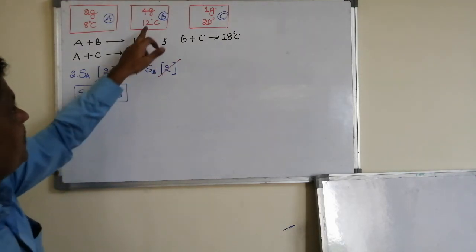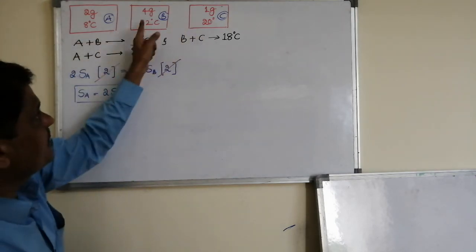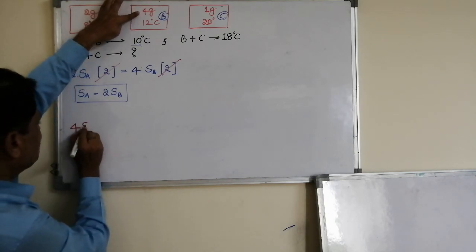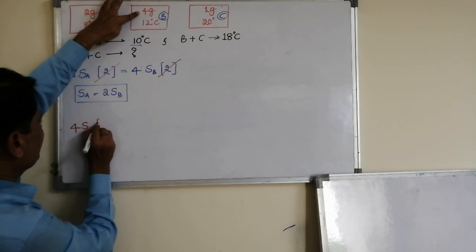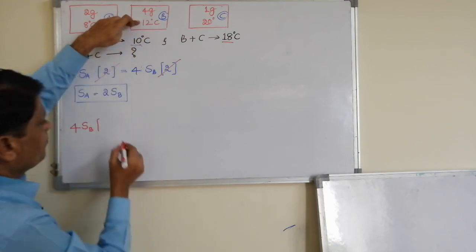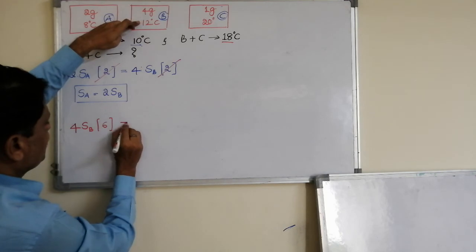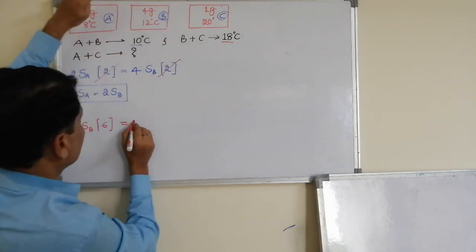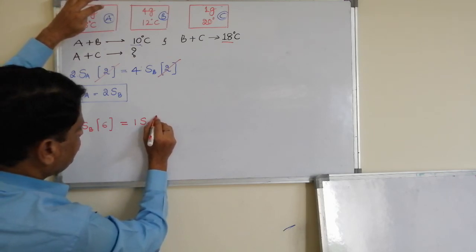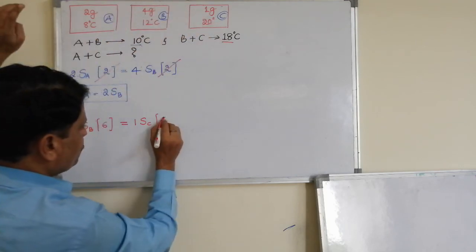Next I will take when B and C are mixed. So 4 into specific heat of B, final temperature is 18, so it is greater: 18 minus 12, which is 6, is equal to 1 into specific heat of C into 20 minus 18, since 20 is greater, which is 2.